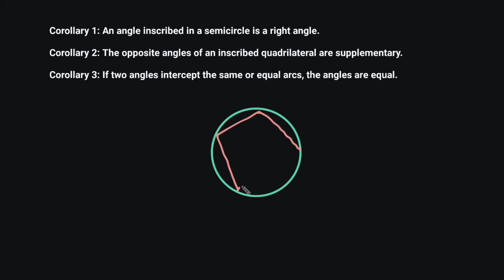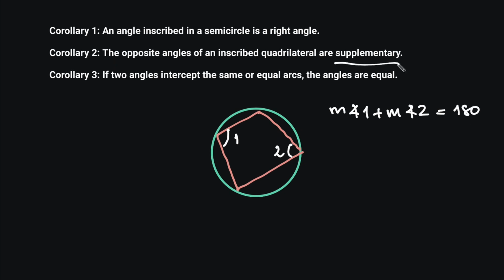And what it's saying is that the opposite angles, this angle and this angle, like 1 and 2, if I add the measurements, the measurement of angle 1 plus the measurement of angle 2 is going to be equal to 180 degrees because that's the definition of supplementary. So if this is 80, then I know that the one in front is going to be 100 degrees.